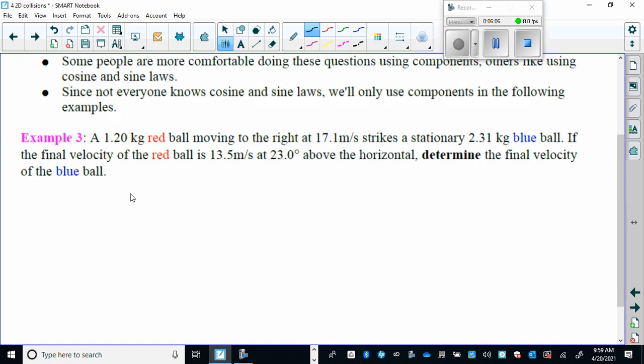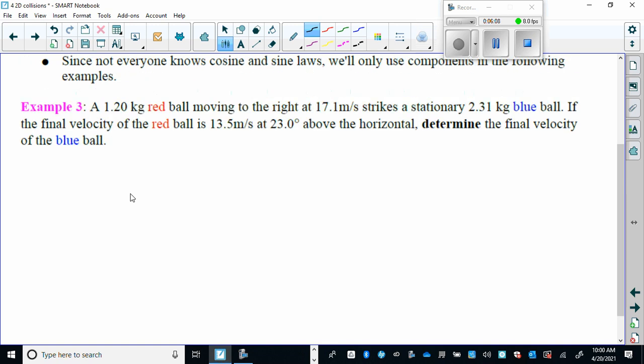Let's go on to example 3. This is similar to example 2. Now we're actually going to do the mathematics of it. We have a red ball moving to the right at 17.1. Let's do a little sketch here. Moving to the right, so it's all horizontal at 17.1 meters per second, strikes a stationary blue ball.